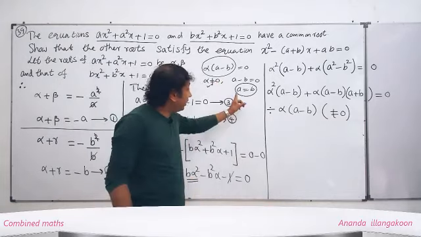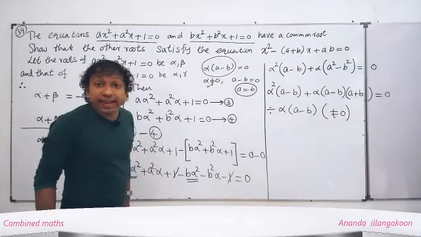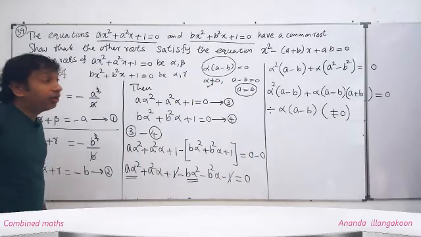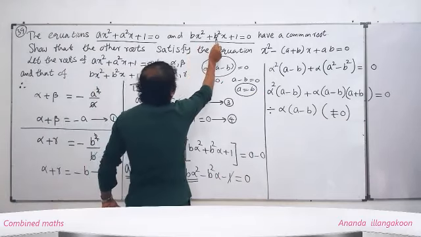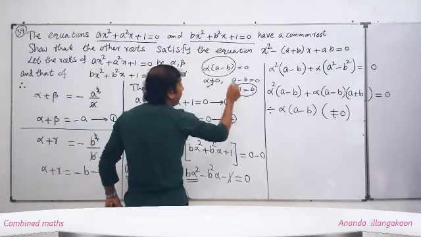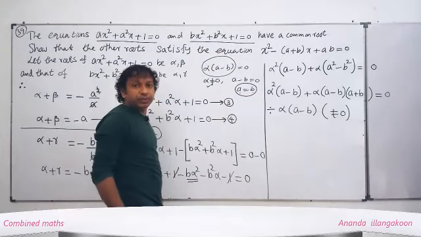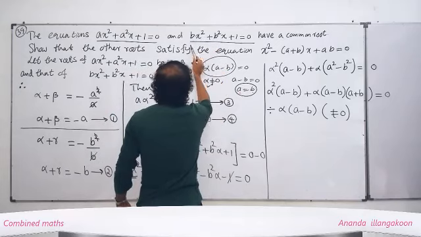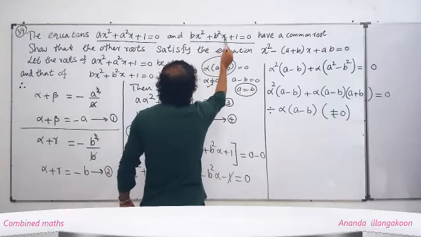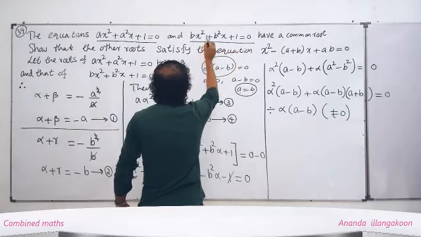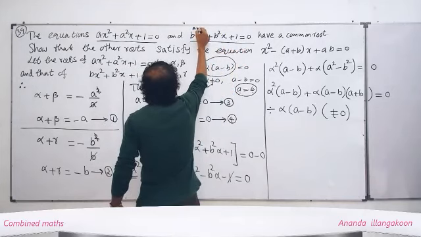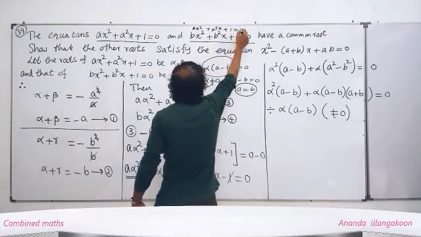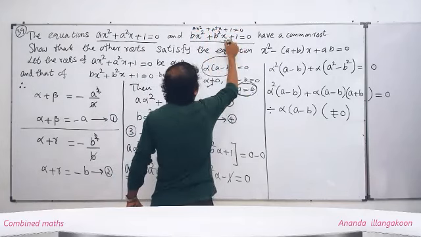Let's see whether A equals B. Take A and B being equal. If A and B are equal, for this B also, I can put A. See what happens? In the place of B, we put A. This is now A x squared plus A squared x plus 1. Then this equation becomes A x squared, A squared x plus 1. When A equals B, this equation becomes this.